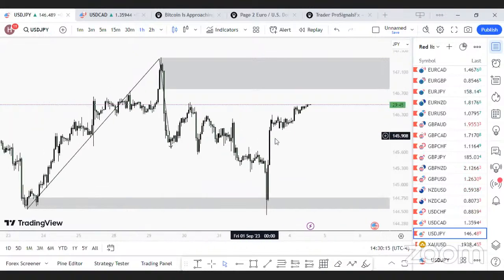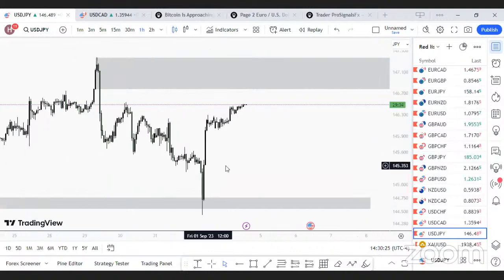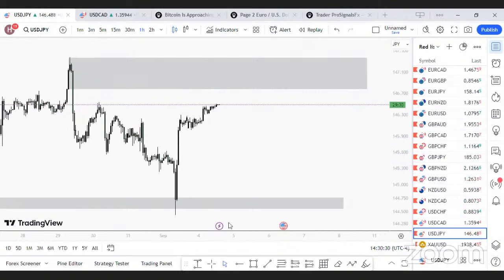Looking at this market right here, you see we have this support and then this resistance. Then there's another tool we use in technical analysis, and that tool is called the trend line. We have the support and the resistance, then we have the trend line.